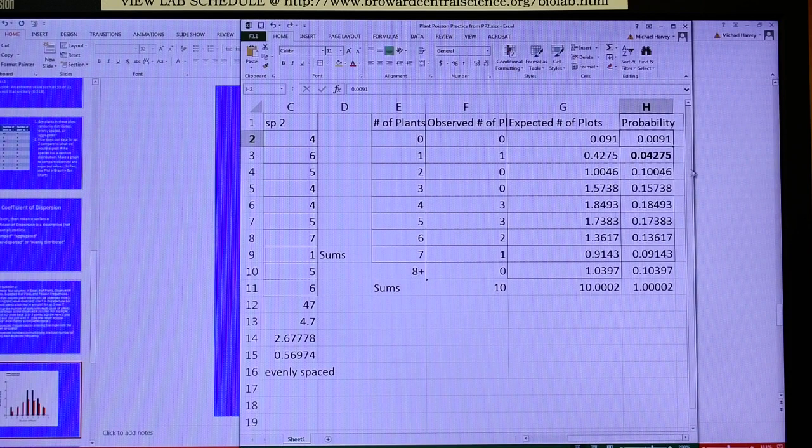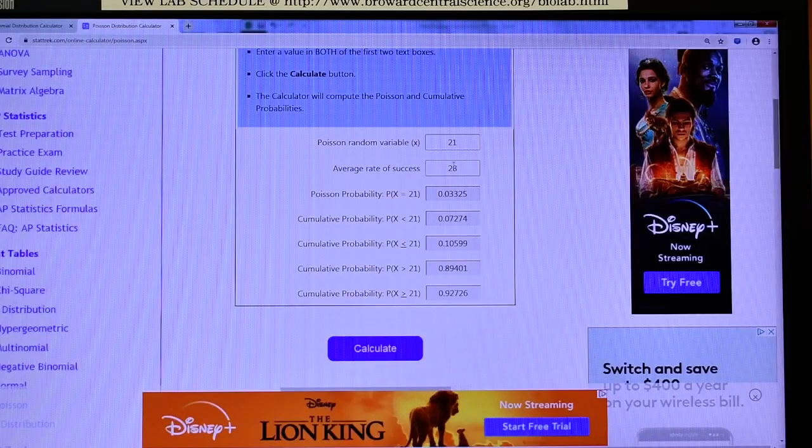Now what do we do about these probabilities over here? These we look up with StatTrek. Let me show you how this works. Here we put our average rate of success. This species of plant, species 2, has an average rate of success of 4.7.